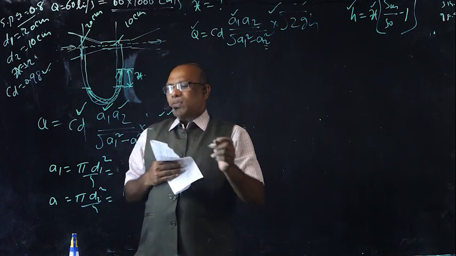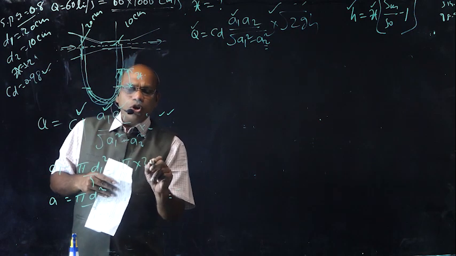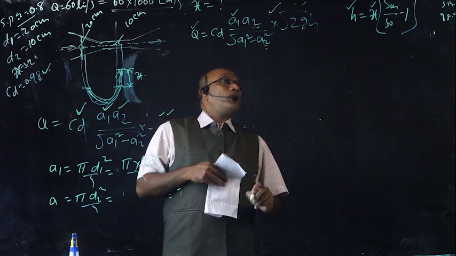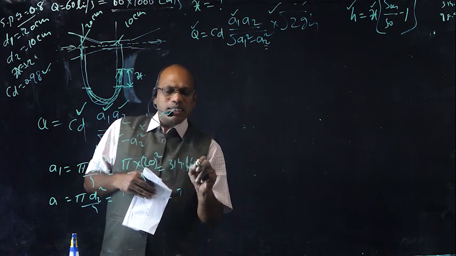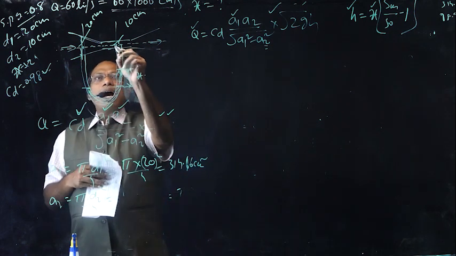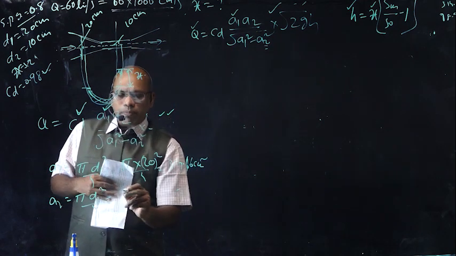Area at the inlet is equal to the same formula. Here also, pi into D1, that is 20 centimeters, divided by 4. This is equal to 314.16 centimeter square. Right? At throat, cross-sectional area A2 equal to pi D2 square by 4.